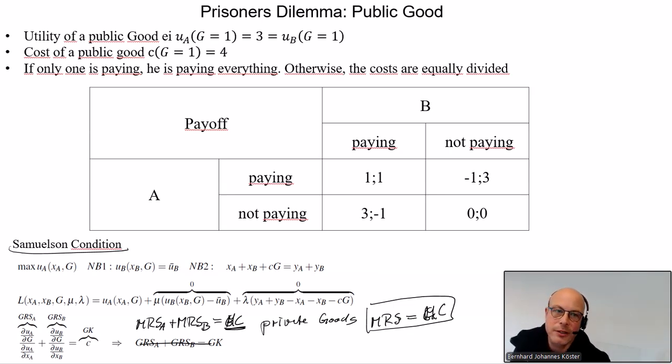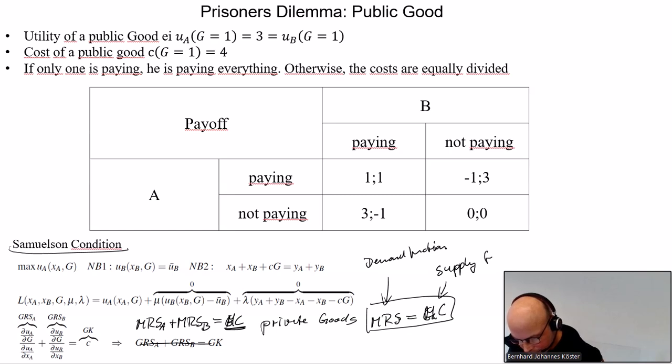Marginal costs is just your supply function. So this was your demand function, and this was your supply function.